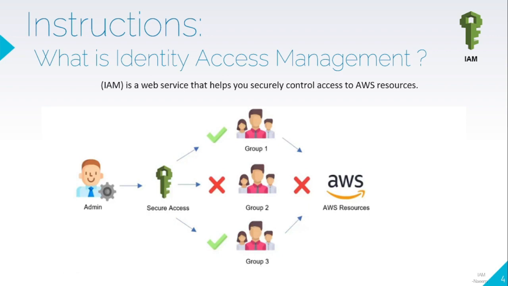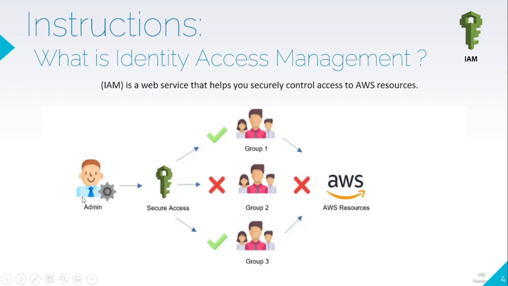As you can see, group 1 is having access to AWS resources, whereas group 3 is also having access to AWS resources, whereas group 2 as well as the users present in group 2, they don't have any access to the AWS resources. Fine. So who is going to give that access?